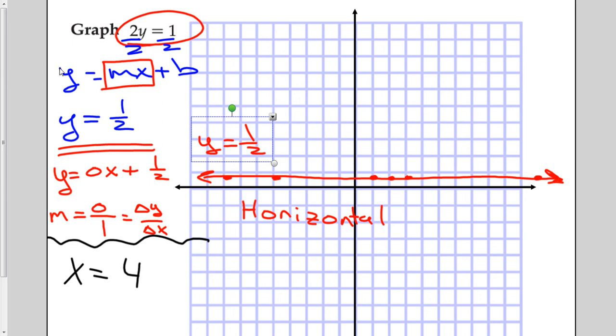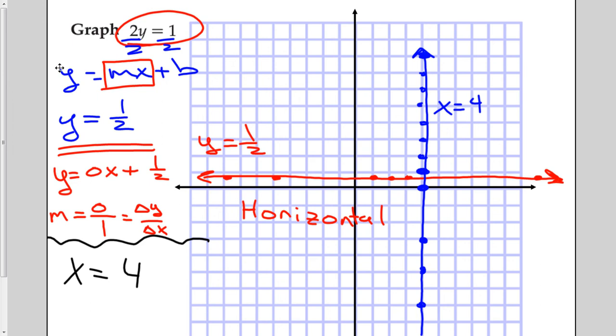And so that's saying, well, x can equal 4 here, and x can equal 4 here, and x can equal 4 up here, and x can equal 4 down here, and down here, and up here. And so that's saying that all of these points that are on top of each other are x equals 4. And so when I connect them with arrows on both ends, I get a vertical line where x is always equal to 4 and y doesn't matter.